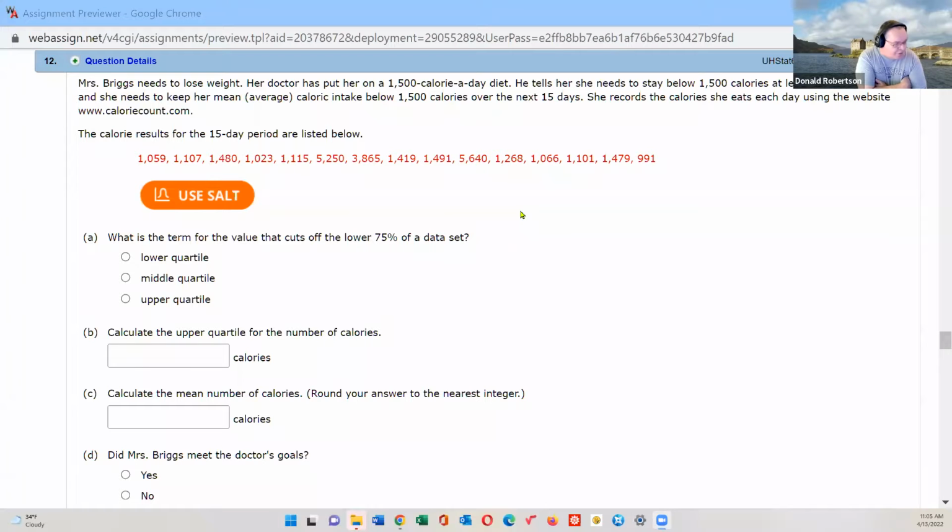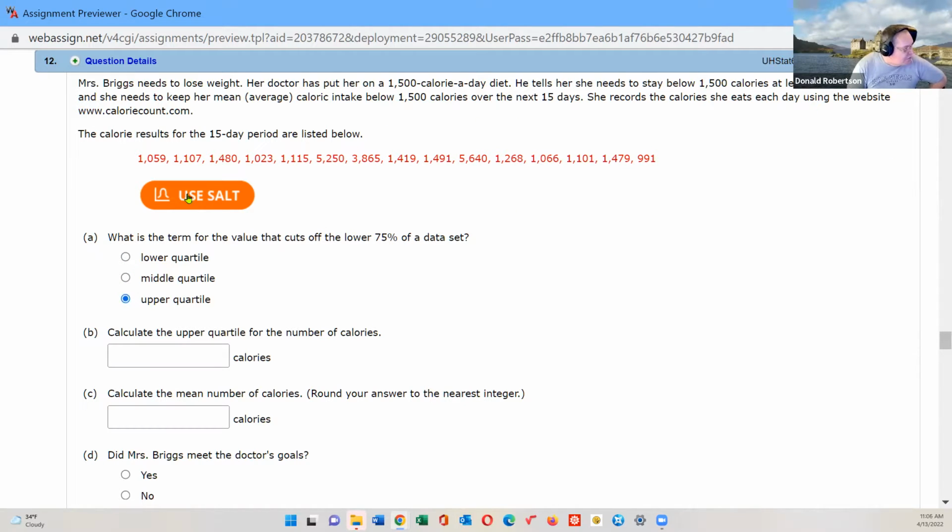And so over that 15-day dieting period, she recorded all the calories that she ate. And so we are now going to look at that data and find these numbers here.